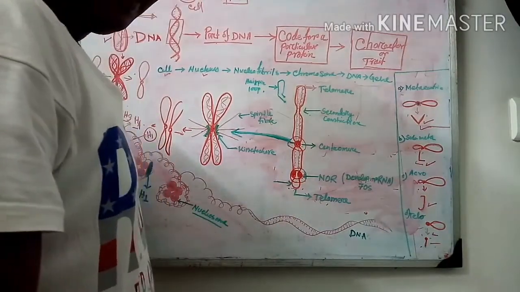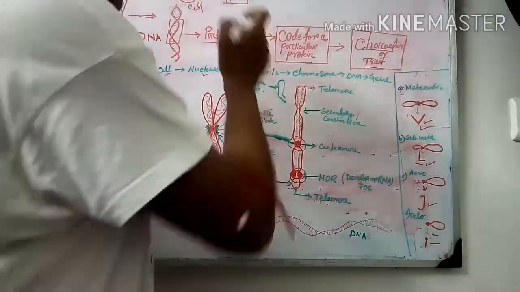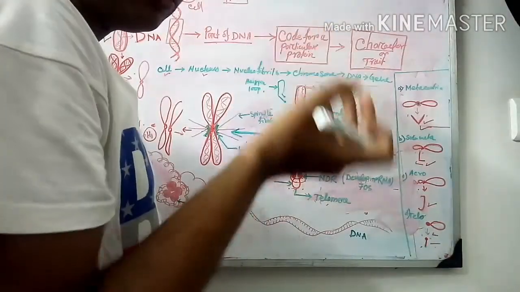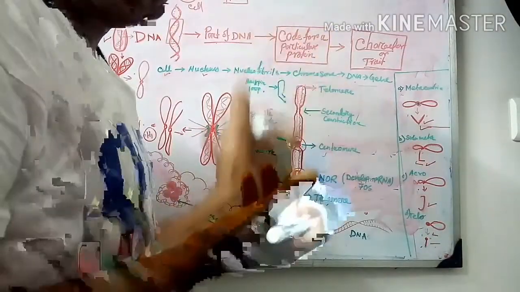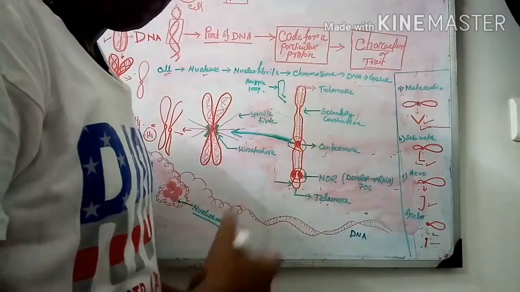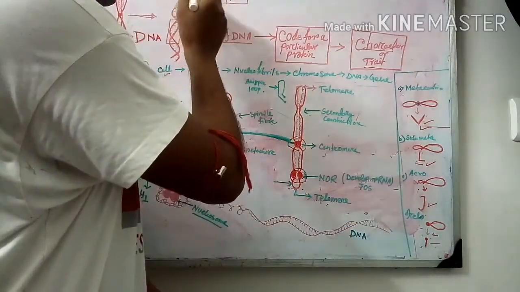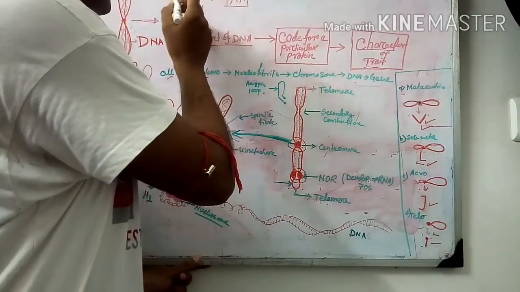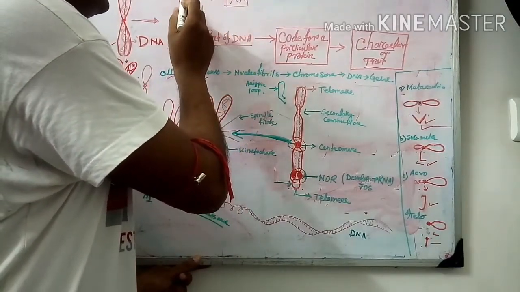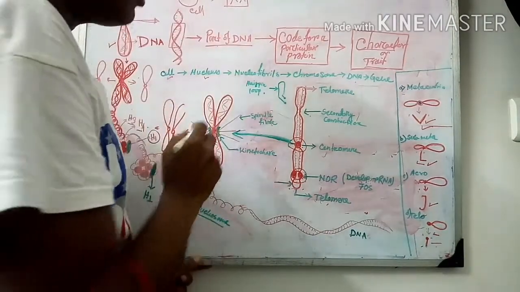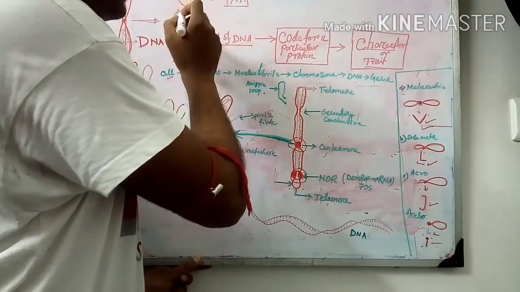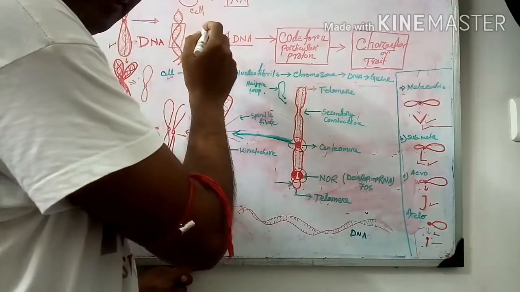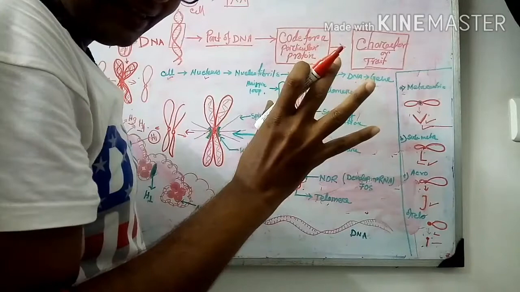If we discuss this, we will see that the basic structure is a cell. We know that our body unit is the cell. If we look at a cell, within the cell there is a nucleus, and within the nucleus there is nucleoplasm, and within the nucleoplasm there are nucleofibrils. It is a thread-like structure.